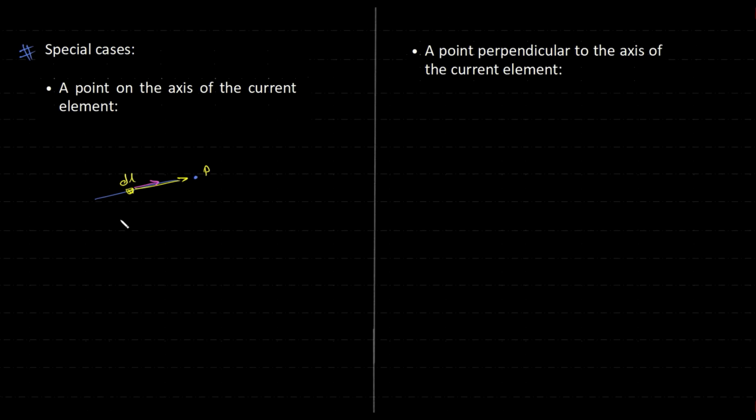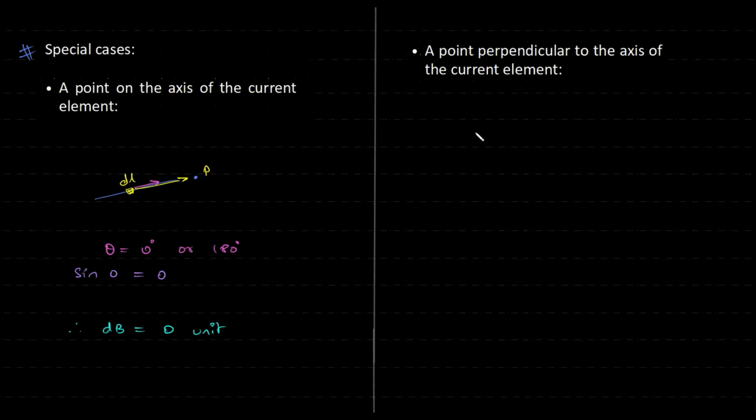So if it's on the axis, this leads to theta equal to what? Clearly 0 degrees or 180 degrees. And we know that sine of either of these values, let me take the 0 value, is nothing but 0 itself. Sine 0 is 0. Therefore, dB will be equal to 0. We'll talk about the unit in the next video, I guess.